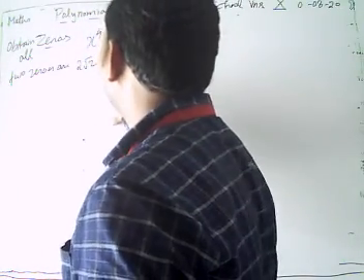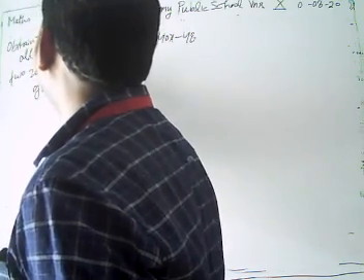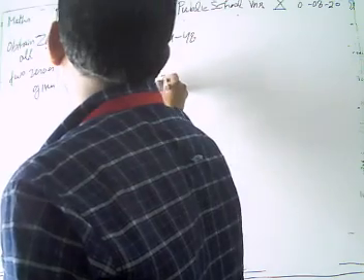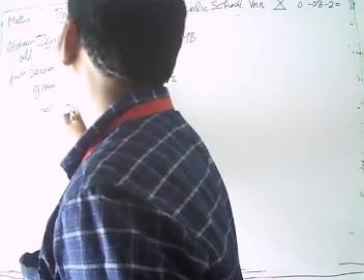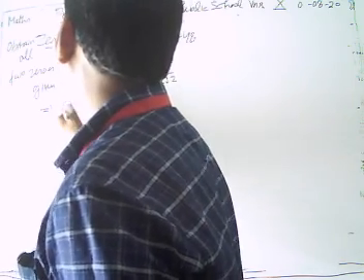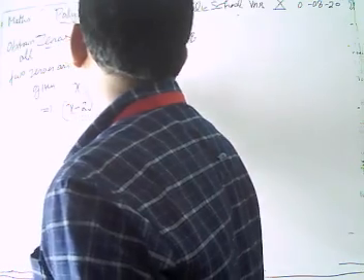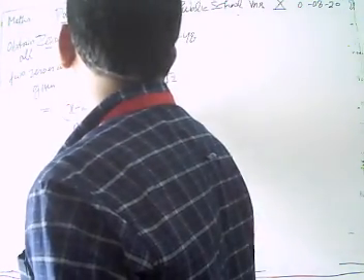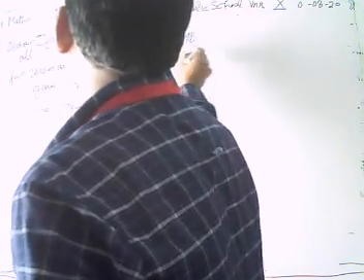We have been given x equal to 2 root 2 and x equal to minus 2 root 2, so x minus 2 root 2 and x plus 2 root 2 are factors of this polynomial, which we take as p(x).